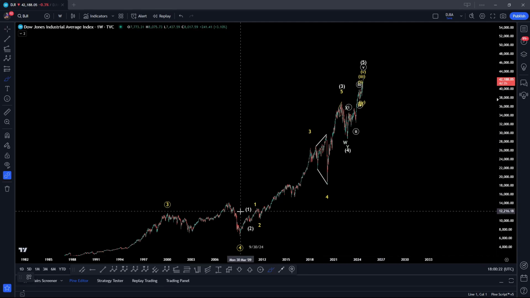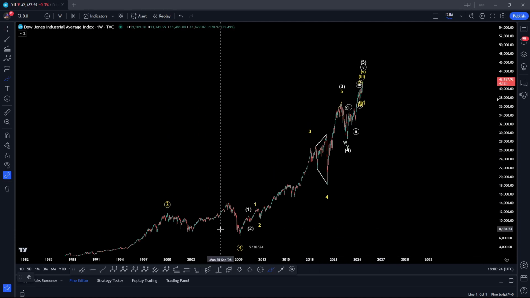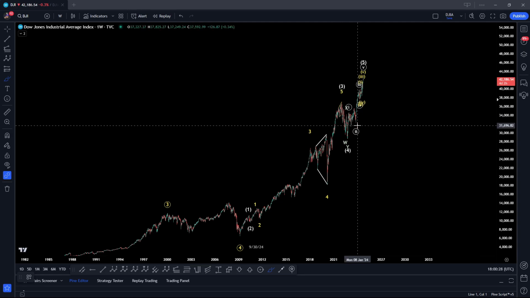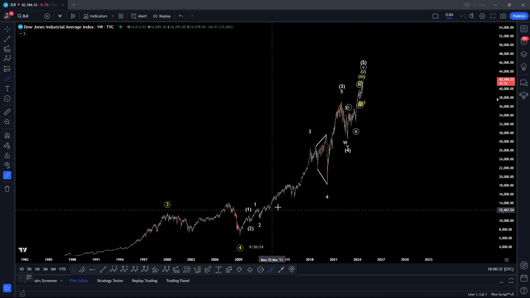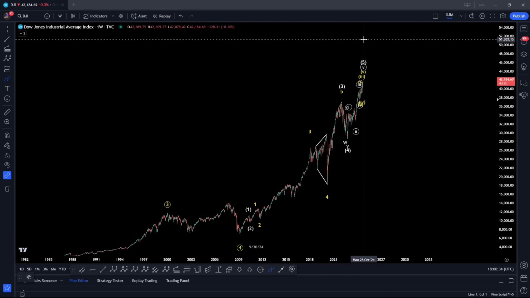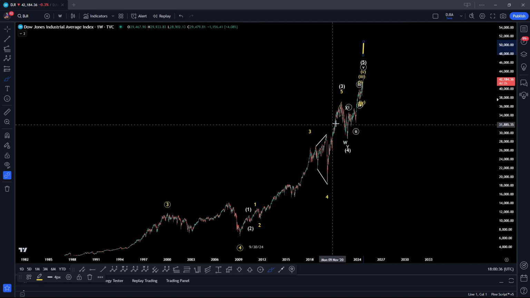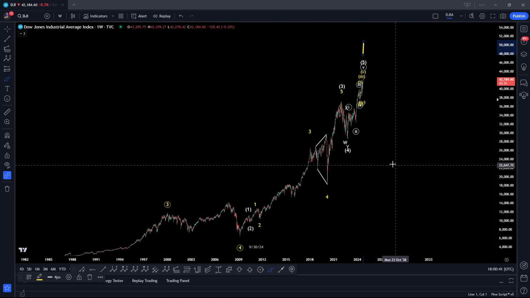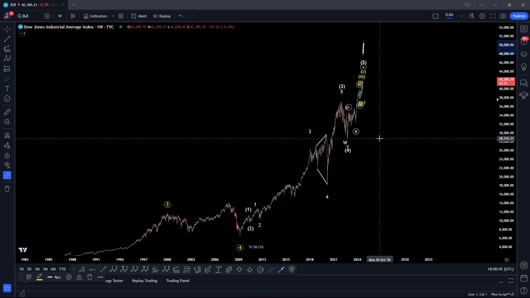But if this then is the beginning, so 5 waves always begin something or end something, right? You don't know which one it is, but you can have a pretty good idea of what it is. So if this begins something, then all of this 5 waves is a 1. And then it's going to net a retracement. And the guideline for that is near the terminus of a fourth wave of previous degree.